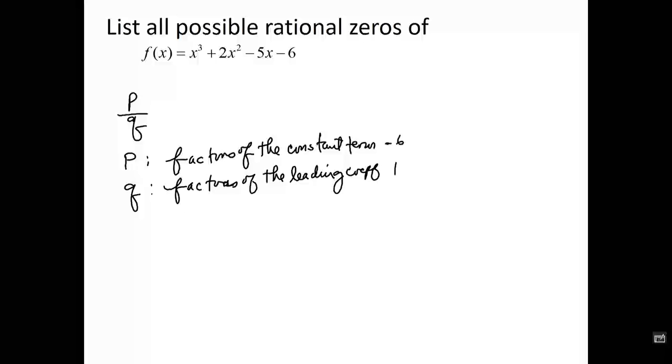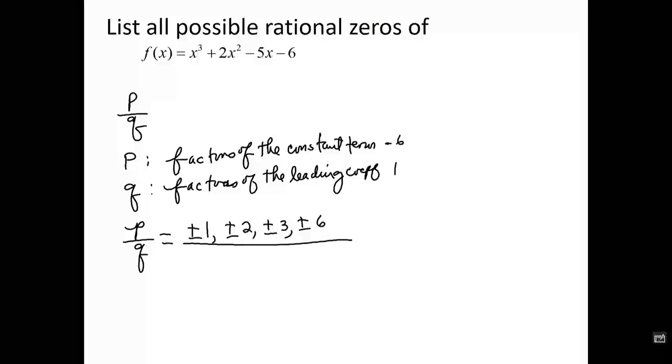All right, so let's see what we have here. So p divided by q would be all of the factors of -6. So we have plus or minus 1, plus or minus 2, plus or minus 3, plus or minus 6, divided by factors of the leading coefficient.